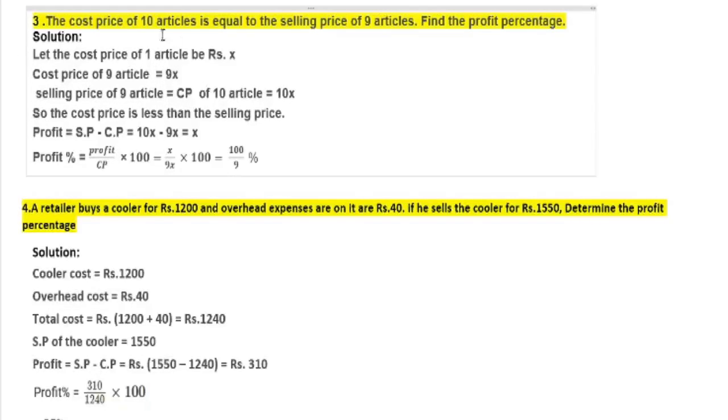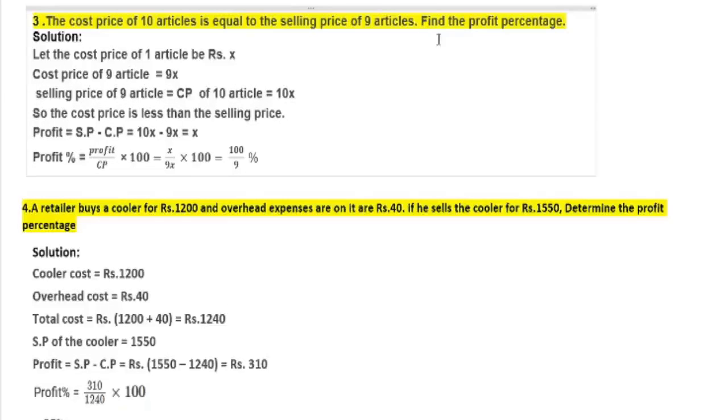So here either cost price or selling price of the article you have to consider as x rupees. So I take here, let the cost price of one article is rupees x. So you can write cost price of 9 articles is 9 times x, that is 9x. Now you find out selling price of 9 articles.